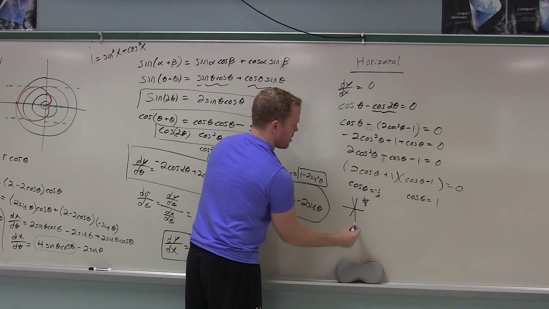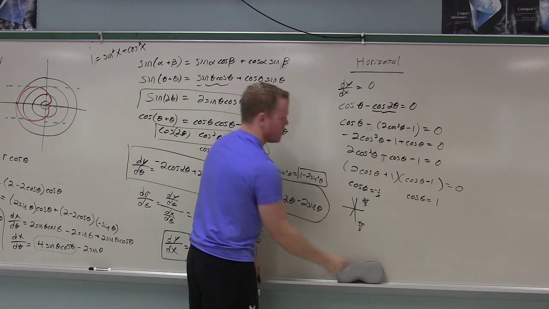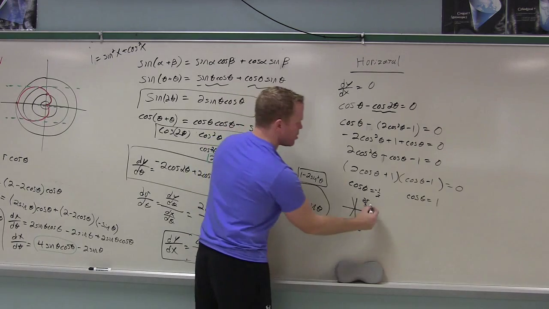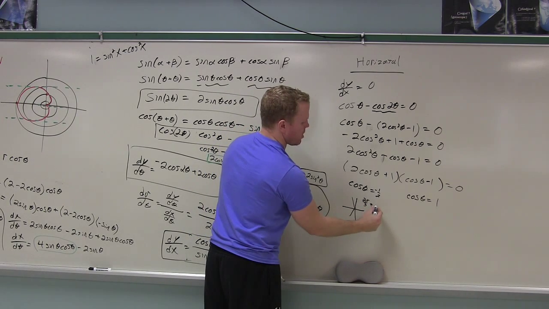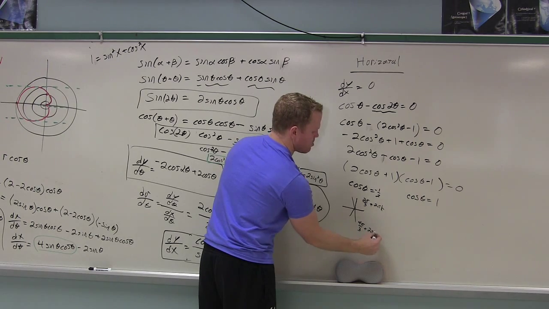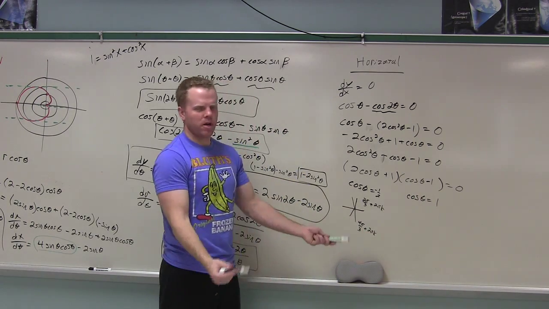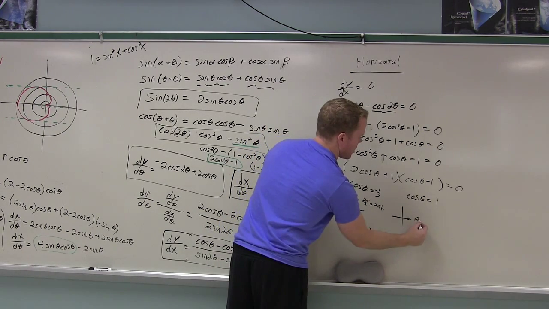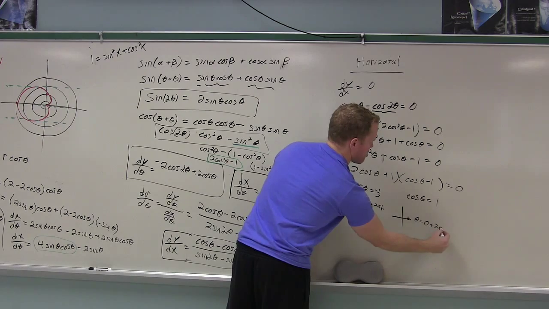That's 2 pi over 3 or 4 pi over 3. But be careful, there are infinitely many other angles that work here too. We're talking 2 pi over 3 plus 2 pi k, or 4 pi over 3 plus 2 pi k. You know when cosine is 1. That happens right here. That's just theta is 0 plus 2 pi k.